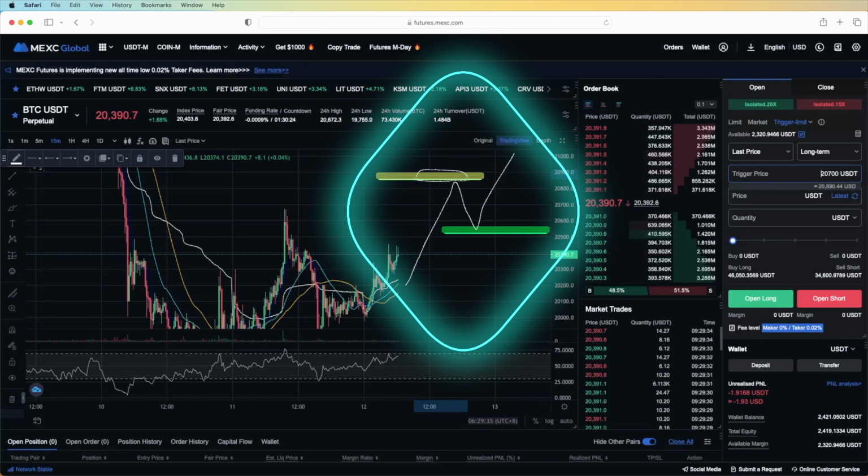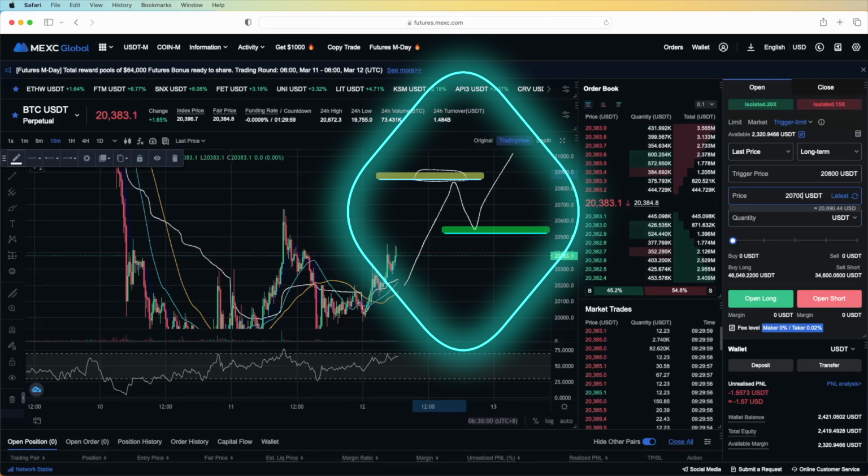The trigger price is 20,800, and when it pulls back to 20,700, we're gonna open the position.